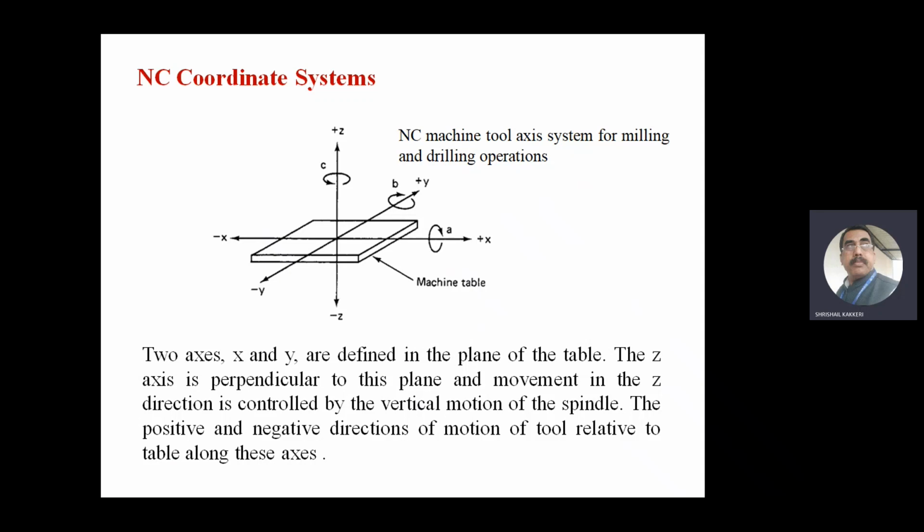Already you know that. Correct, no? For the CNC milling machine, the table will have the x and y directions. In some machines, front and back will be x, left and right will be y, and up and down will be z, always z.